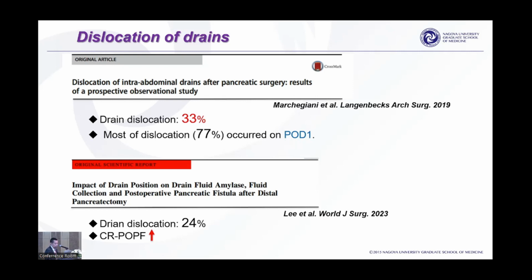In another study by Lee et al., drain was dislocated in 24% of patients who underwent distal pancreatectomy. The incidence of clinically relevant POPF was high in patients with drain dislocation.